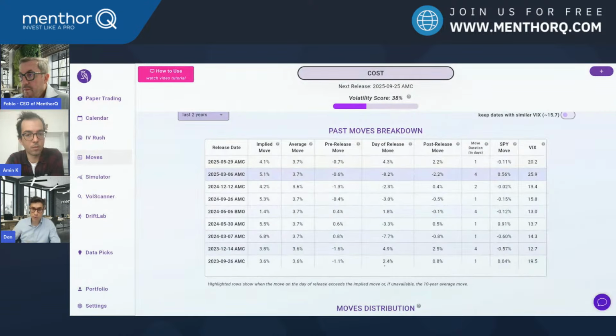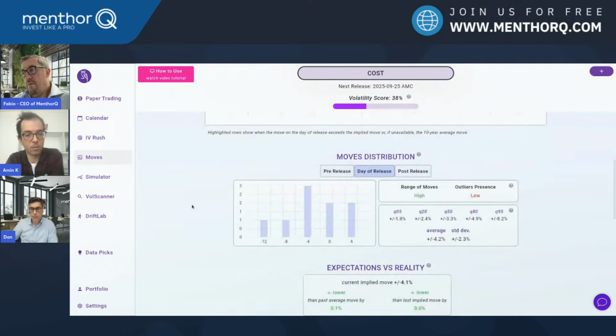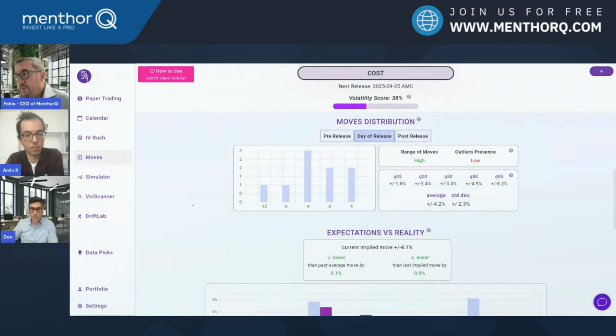But before we jump over to MenthorQ and see how we can bring this data together, maybe 2-3 other things you should look at. I like looking here at the average and the standard deviation. So this gives me something in my head, which is like a 6.5% potential move, and I will be looking at MenthorQ. What happens around this 6.5%?